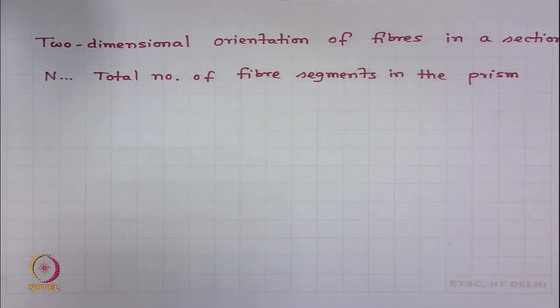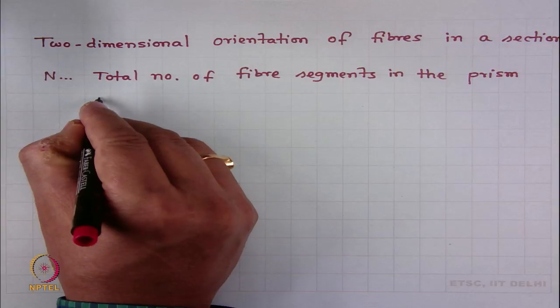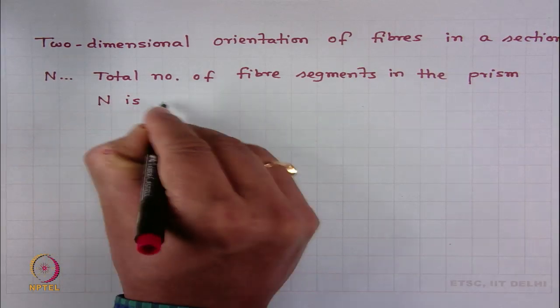As I said earlier, there are numerous fiber segments present in the entire prism whose volume is A into B into C. So, obviously, this number N is very high.